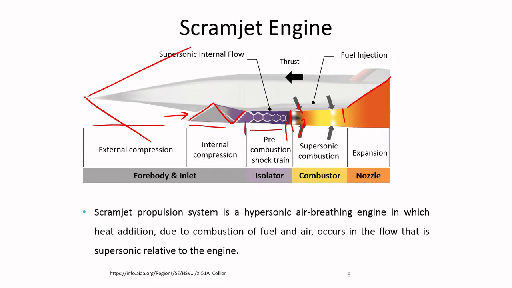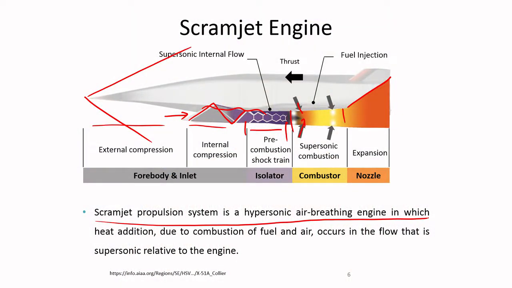So, another challenge in the scramjet engine is that because you cannot really control all these flows through machinery, your combustor must be designed in such a manner that it must be able to encounter a wide variety of flow parameters and thermodynamic parameters. That also makes the scramjet engine design, operation and analysis very challenging.